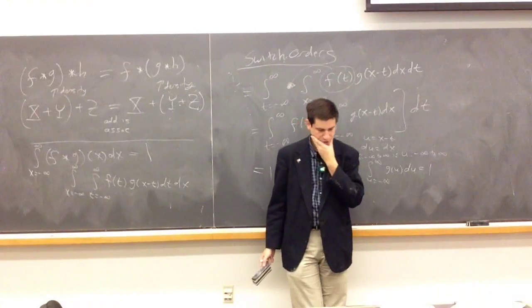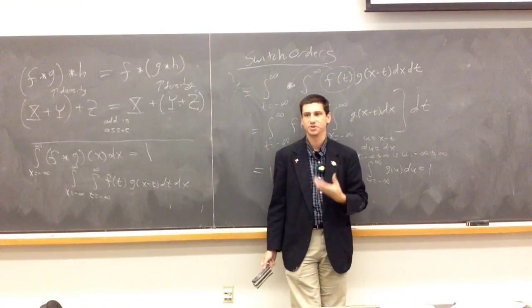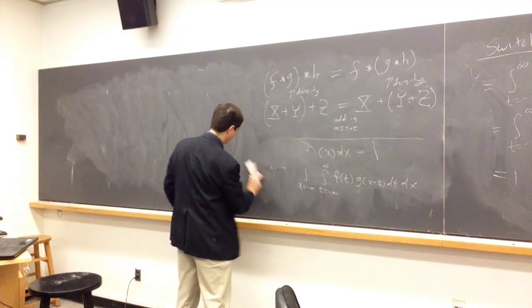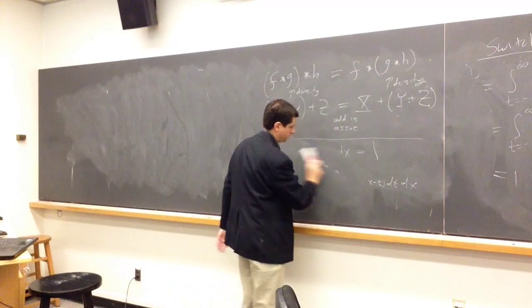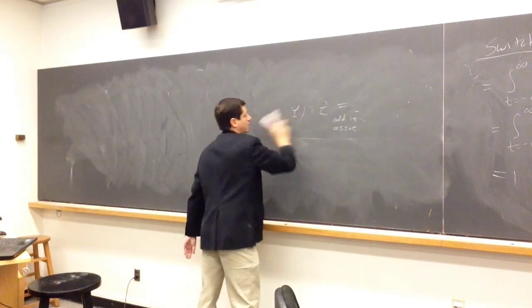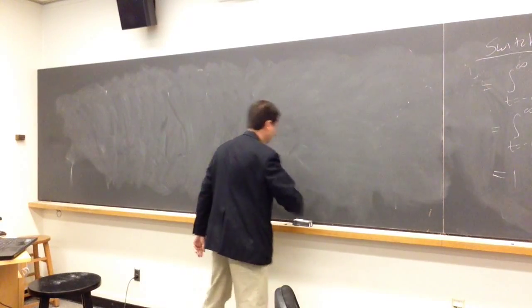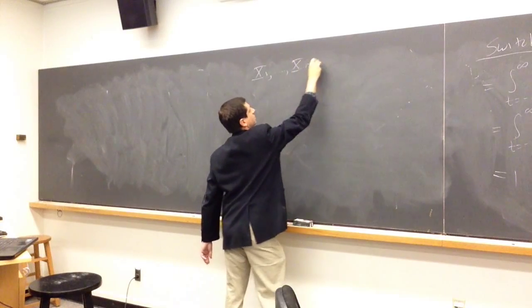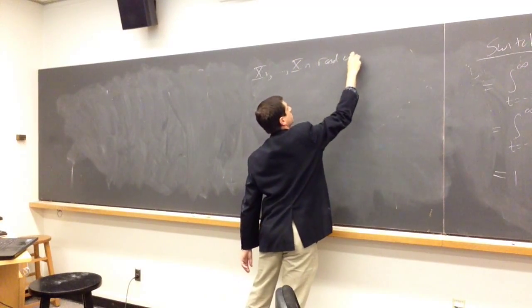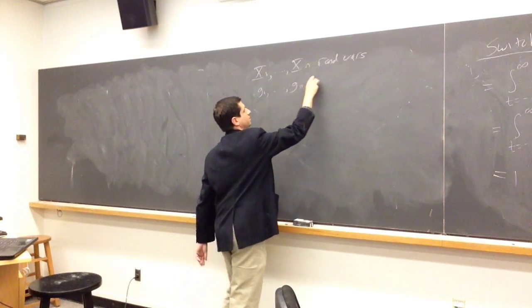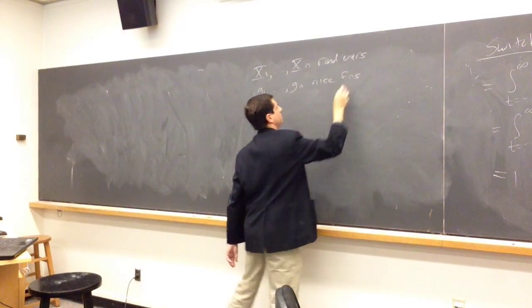Okay, what I want to do now is go and do expected values, and talk about the linearity of the mean. There are a lot of different ways to do this calculation. The idea is X1 through Xn are random variables, and g1 through gn are nice functions.